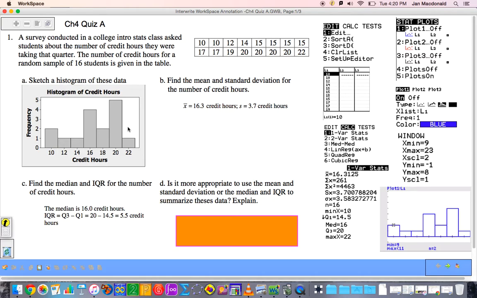We use IQR, interquartile range, to describe the spread, and the shape, let's see, I would say this is skewed to the left. Those would be the 3 appropriate descriptions. I would say it's skewed left, that's the shape. I would use median, that's the center, and I describe the spread using the IQR.